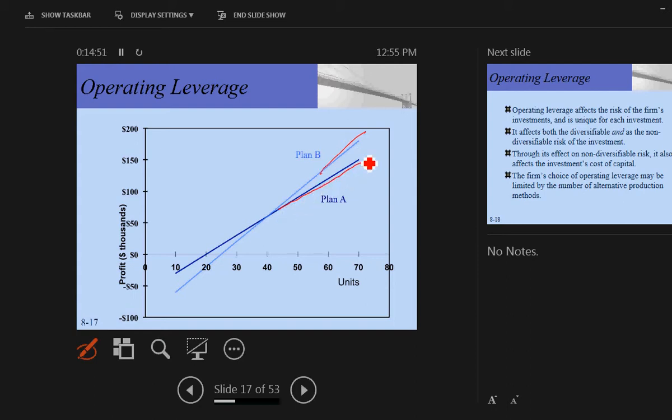All right? But that's not necessarily bad. What if the market does terribly? What if the market is down to 30,000? If the market is down to 30,000, say from 50,000, what's going to happen to Plan B is that it's going to lose this much of profits. But with Plan A, the losses, I'm sorry, this is Plan B, so let me fix that.